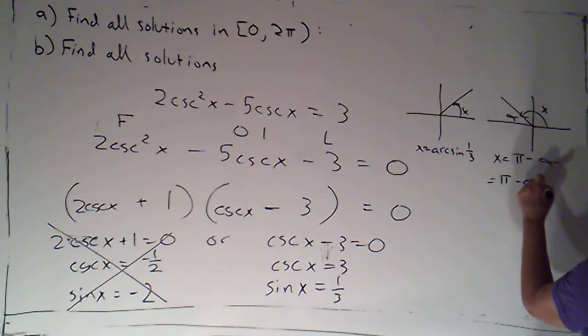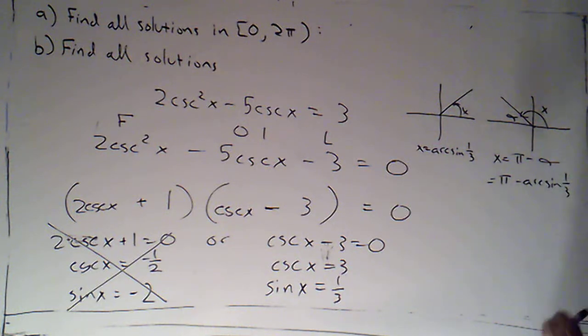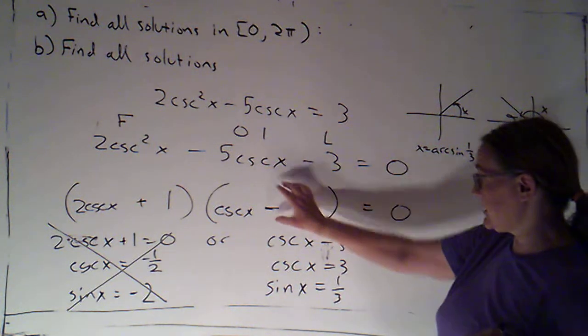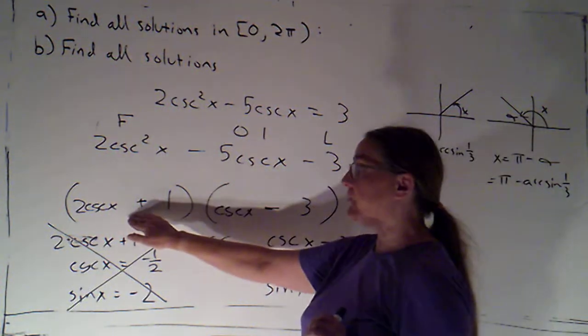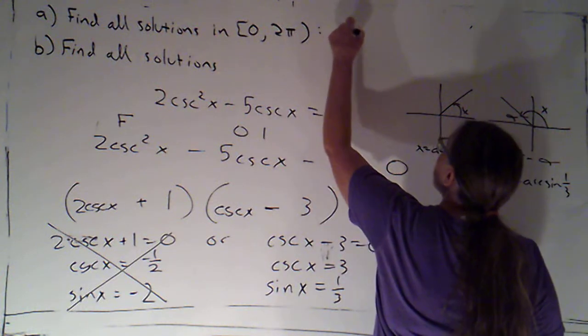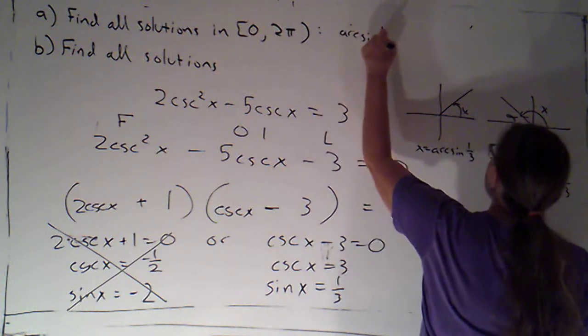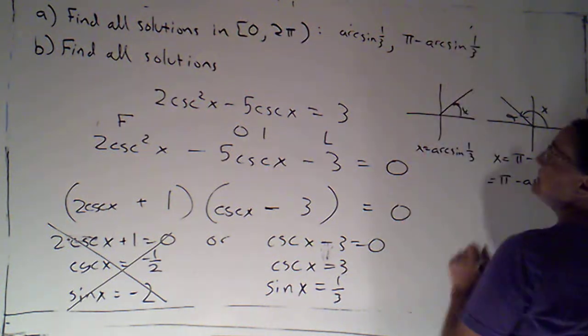That's pi minus arcsine of 1/3. So those are my two solutions. They're both solutions that make this factor equal 0. There's no angle that makes that first factor equal 0. Okay. So we've just got arcsine of 1/3 and pi minus arcsine of 1/3.